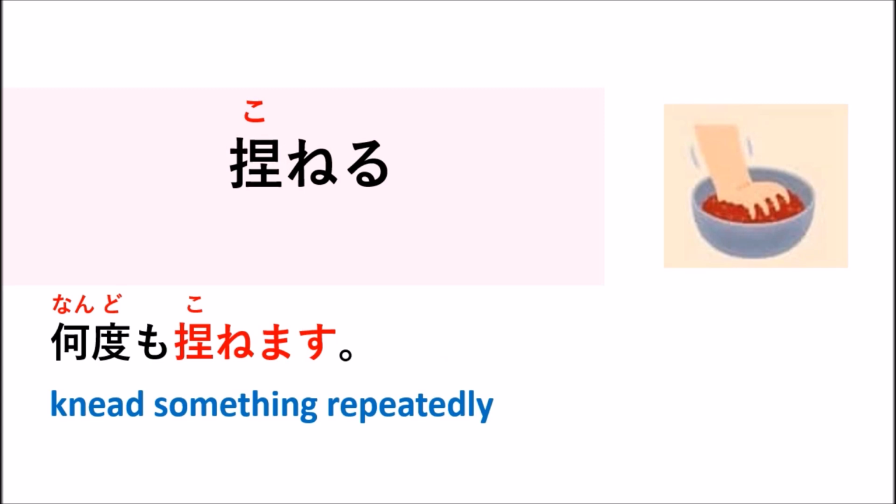And here we have an example like Nando mo konemasu. Nando mo konemasu means knead something repeatedly. Nando means repeatedly, so nando mo means do something many times. Konemasu means knead.